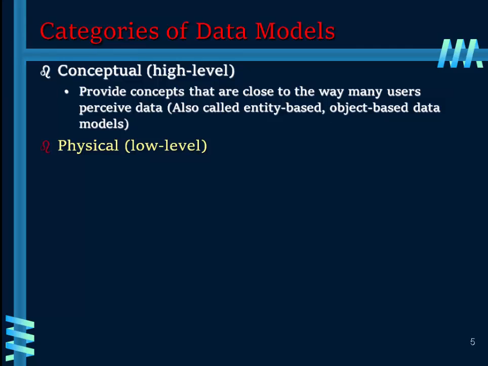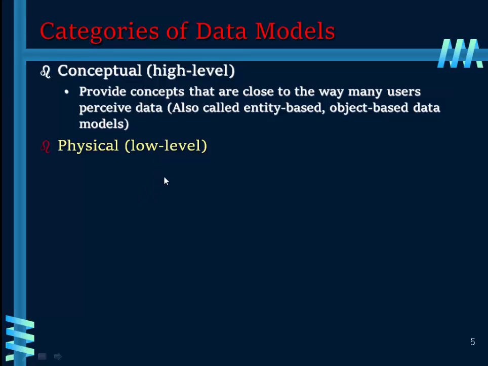So next category is a physical or a low level data model. This data model provides the concepts that describe the details of how the data is stored on the computers. As we know, the data stored in the database is stored on where? It is stored on the secondary storage devices like a disk or tapes in the form of files or records. So this data model describes the details of how the data is stored on the computers, like storage media and typically a magnetic disk.